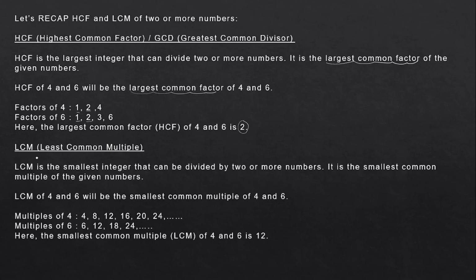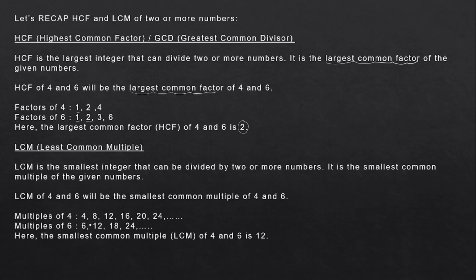Similarly, the full form of LCM is least common multiple. As the name suggests, it is the smallest integer that can be divided by two or more numbers. That is, it is the smallest common multiple of the given numbers. So similarly, for 4 and 6, if we try to find the LCM, we are looking for the smallest common multiple of 4 and 6. Let us see the multiples of 4.